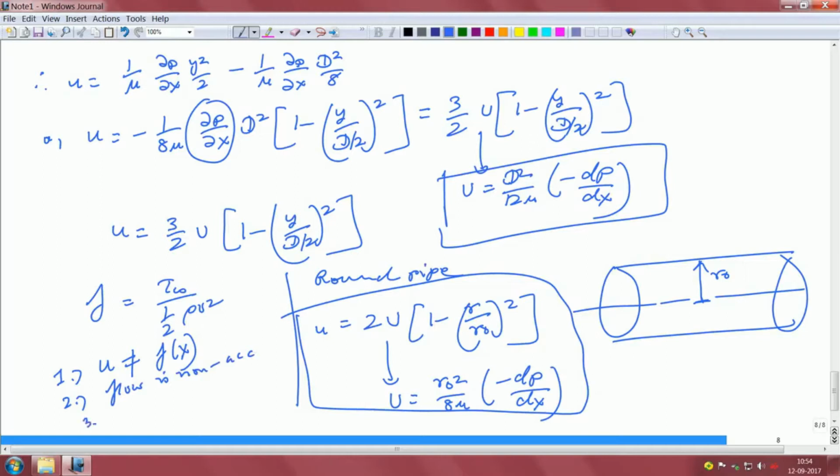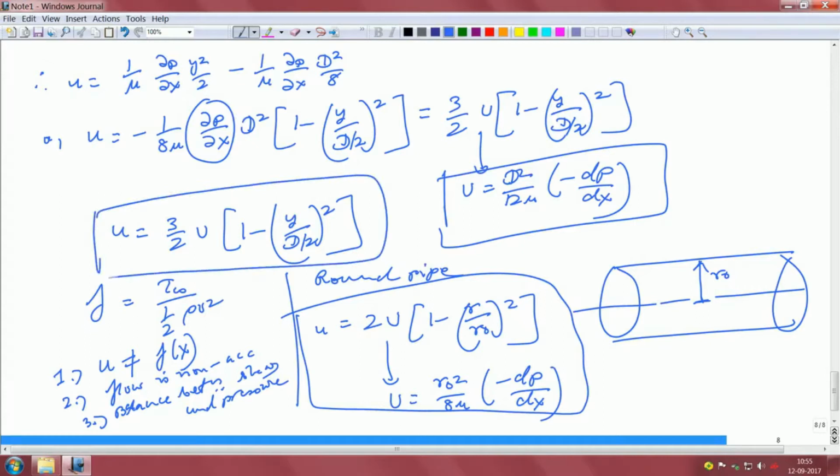It is a balance between shear and pressure. And there is an exact solution that exists, which is given by this. That would be your fourth point. There is an exact solution in the fully developed regime.